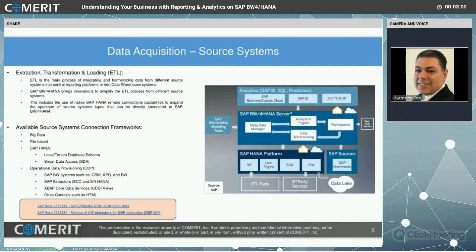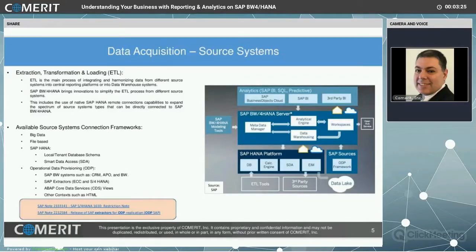Among those, we have different connection frameworks. The first one is a big data framework, which allows you to connect to big data systems such as Hadoop. Then there is a file-based framework, which allows you to bring in data from flat files as well as Microsoft Excel spreadsheets, for example.